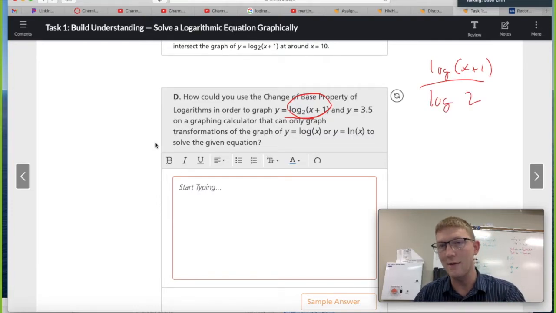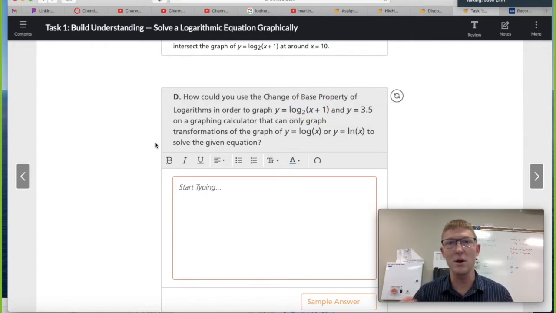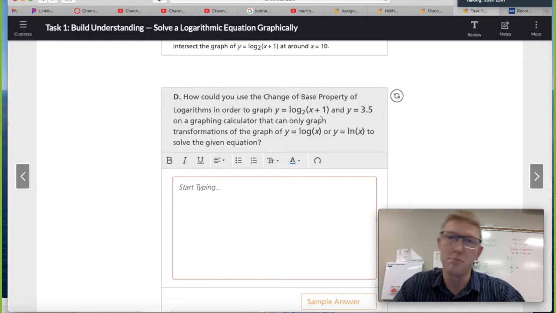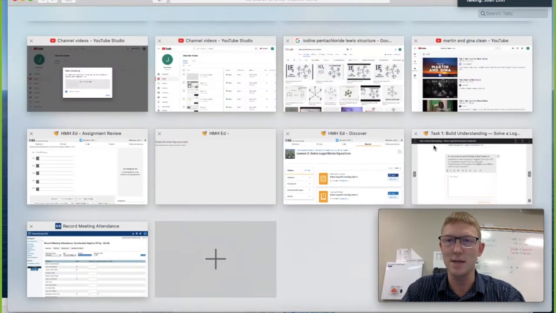And so then you could graph that and then find where that equals 3.5. To be completely honest, that's probably what you're going to do more likely out in the real world, but got to kind of have a context for it all, right?